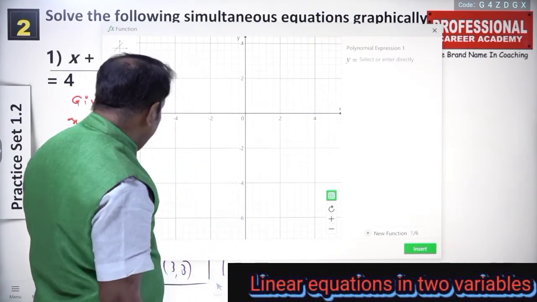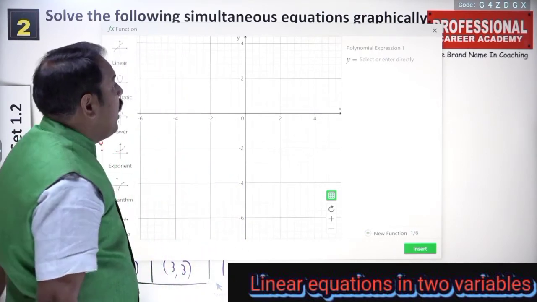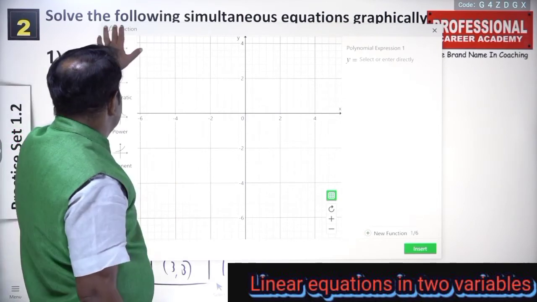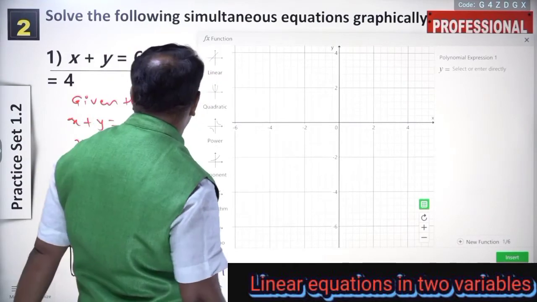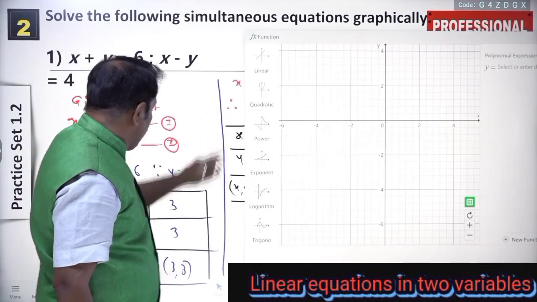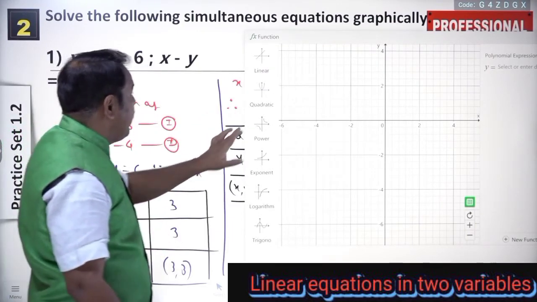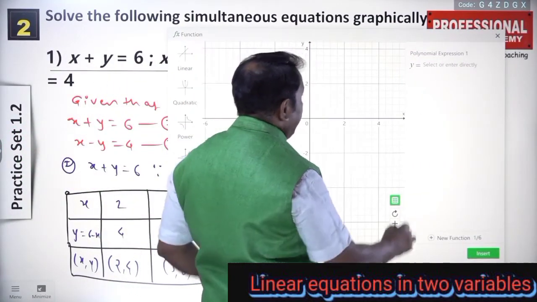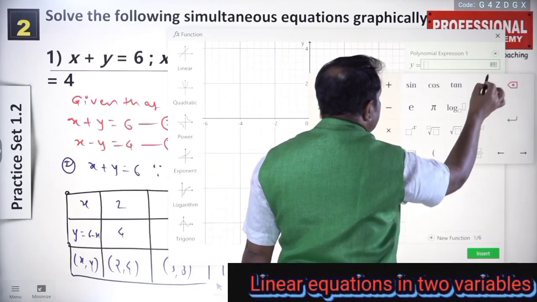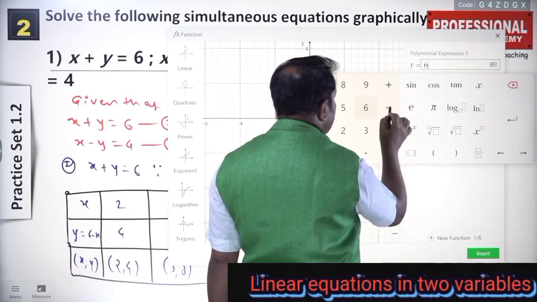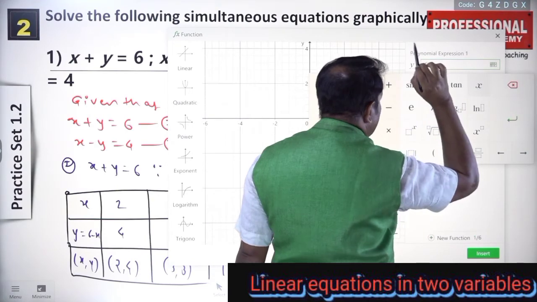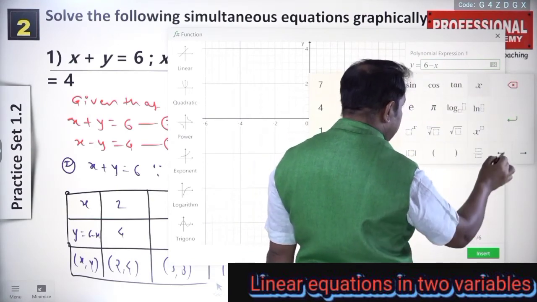Look at this. Just put the values. What is our first equation? y is equal to dash dash. What is it? y is equal to 6 minus x. This is the keyboard. 6 minus x, right? 6 minus x.